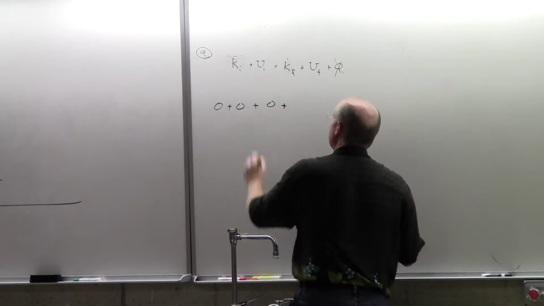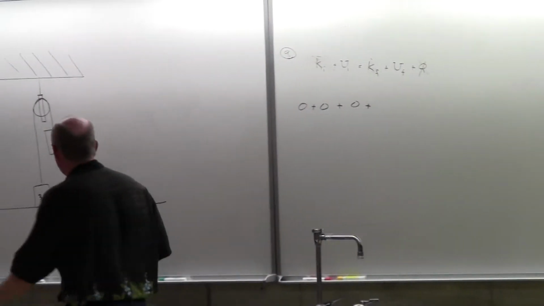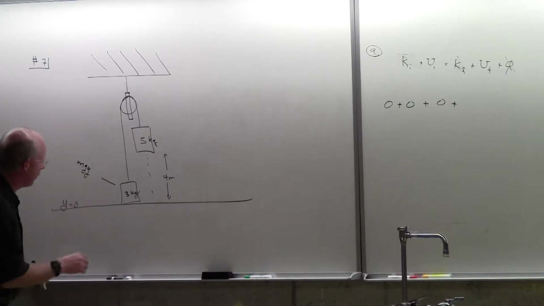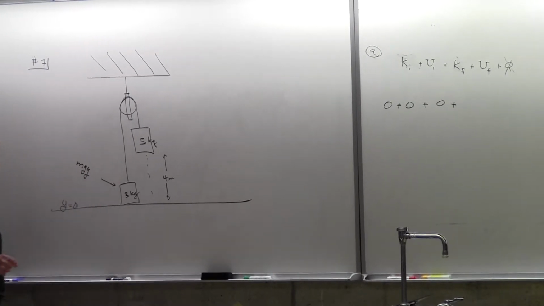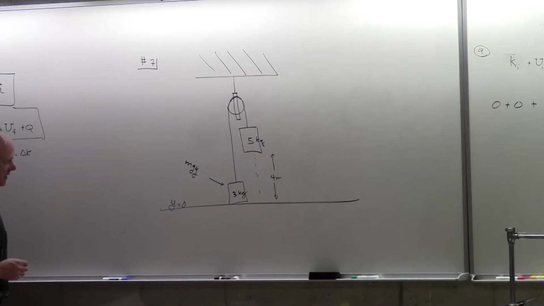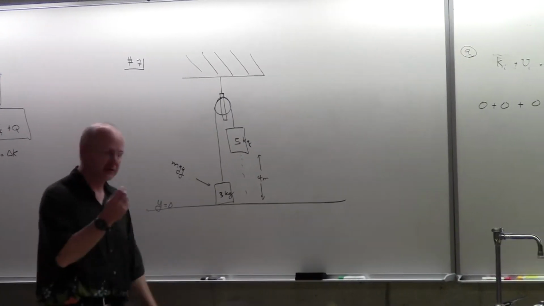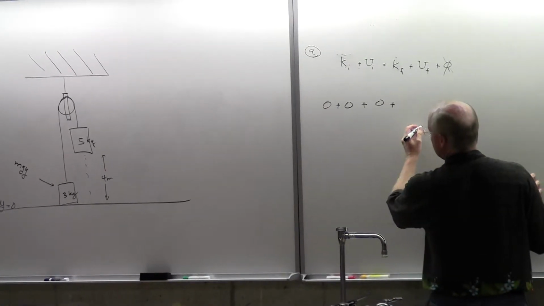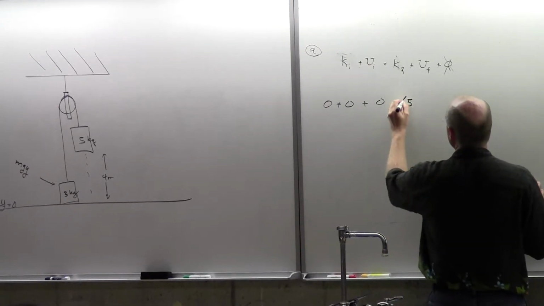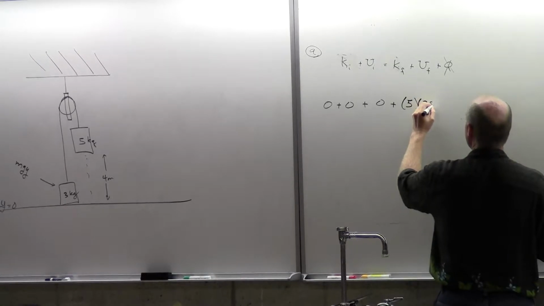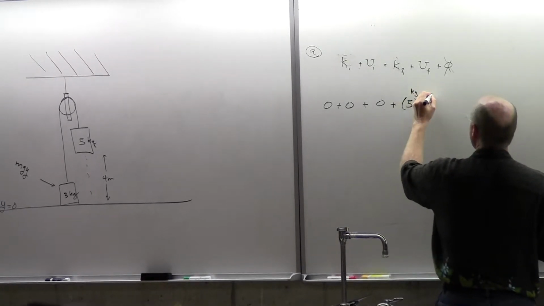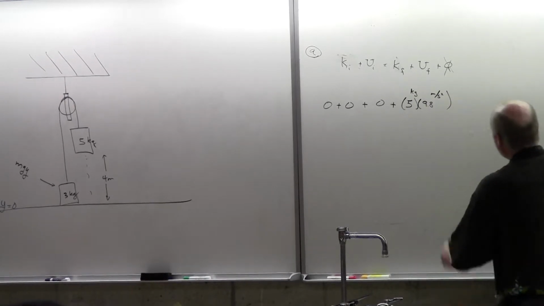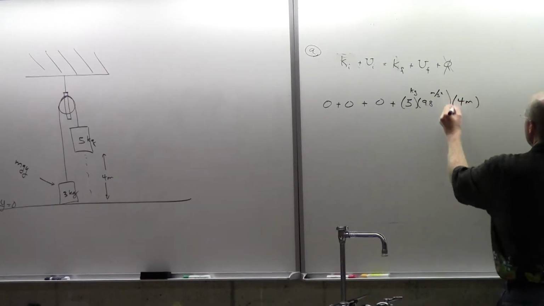Then I would even put one more 0 saying, what is the mgy for that one? Well, when it starts, it of course is at ground level, and so it's y equals 0. And so, again, just like we put in here last time, the only energy I really get here is the 5 kilograms, the 9.8 meters per second squared, and a height of 4 meters.